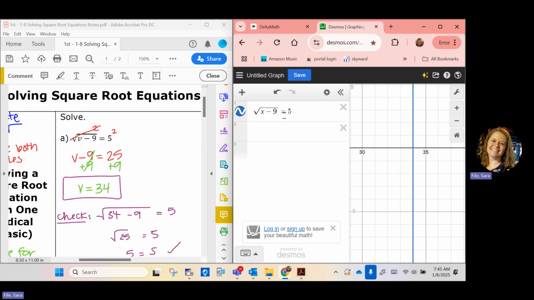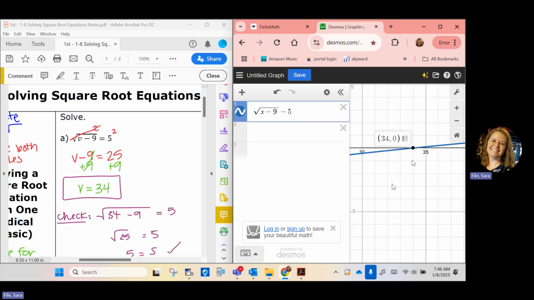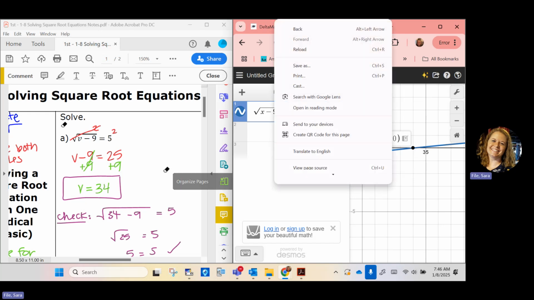So even if I type it in as is, it's going to show me a line through the solution. So I can straight up see the solution this way. I can see the actual graph if I set it equal to 0 and see the solution that way. Or I can solve algebraically like I've shown you here in our notes.